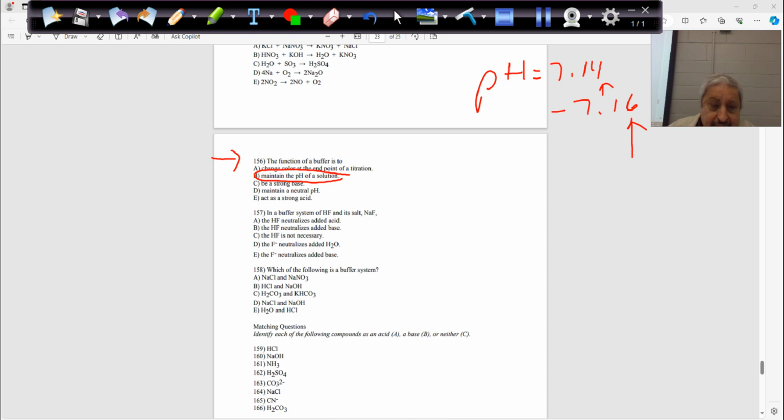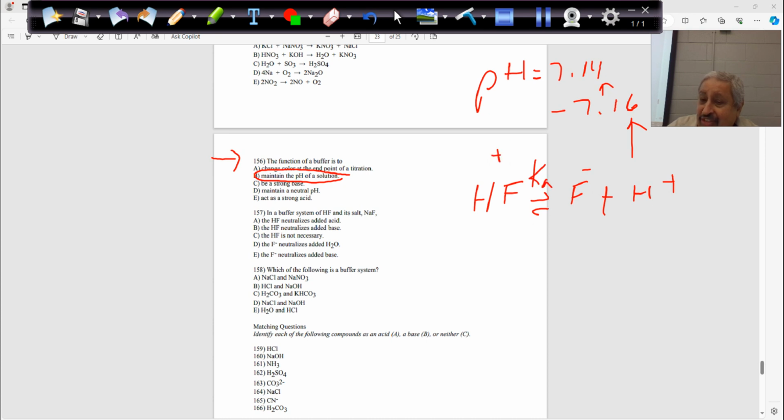So, question 157: in a buffer system of HF and salt NaF, the HF neutralizes added acid... I did not mention that, and it will not come up. If you look at the buffer HF, this is the buffer here, and this is Ka of the acid.